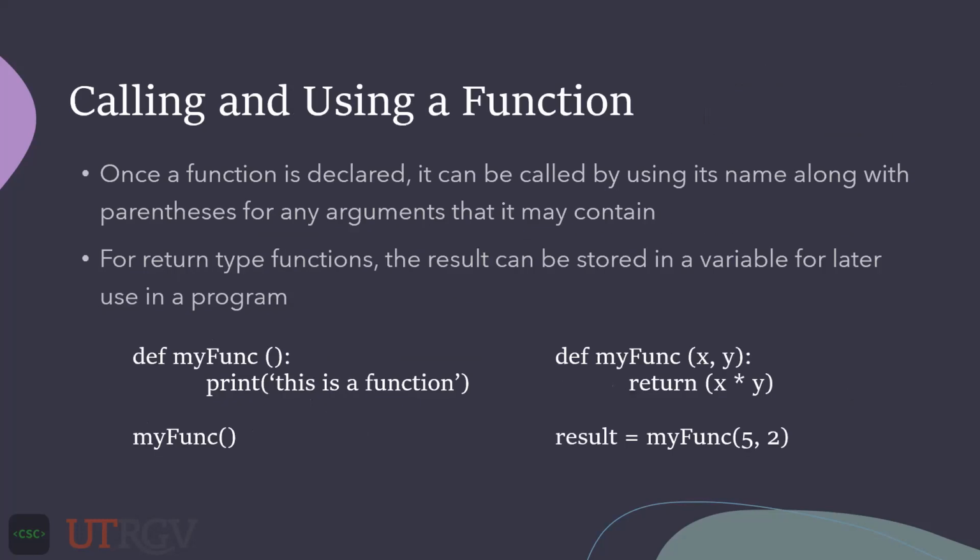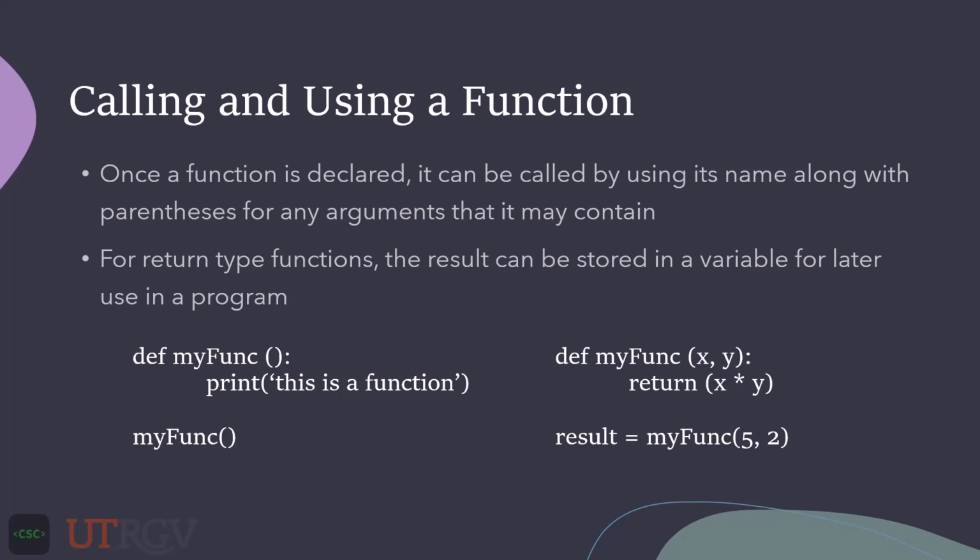So these are just two examples of calling a function. Like I said, you definitely want to define the function well before it's actually called. The first example in the bottom left is a good example of a void function because there's no return statement and it's just printing out a simple statement. And then the bottom right is a good example of a return type because you can call the function and then store the result in some other variable.